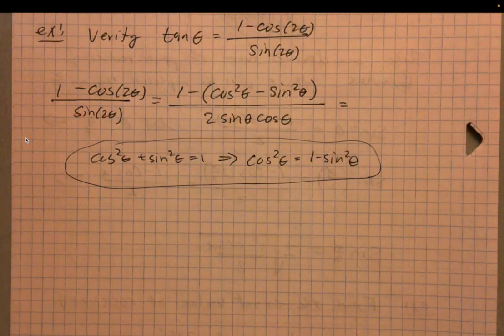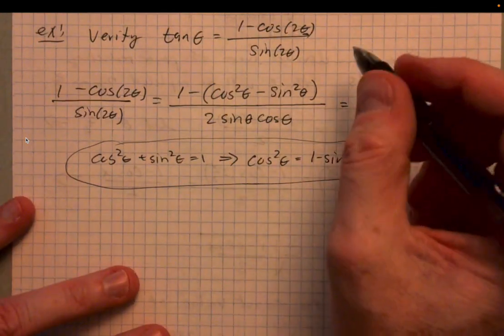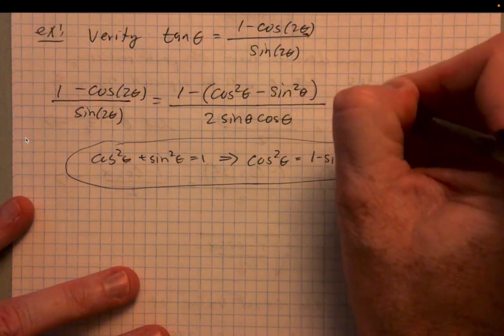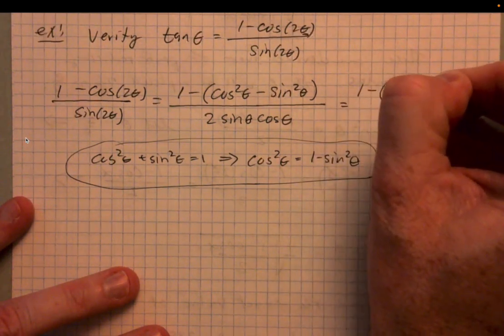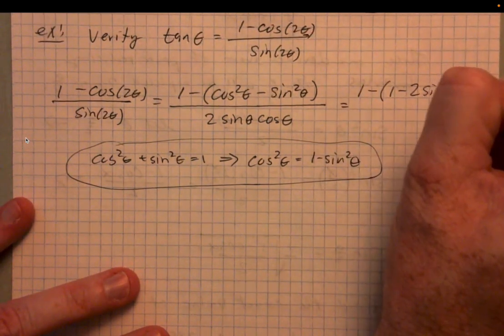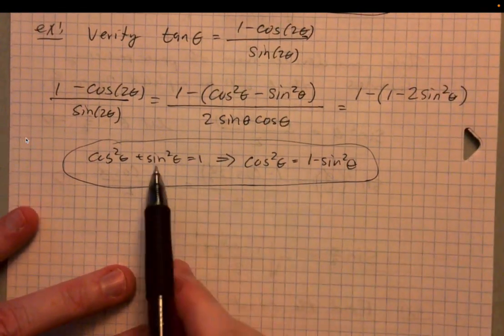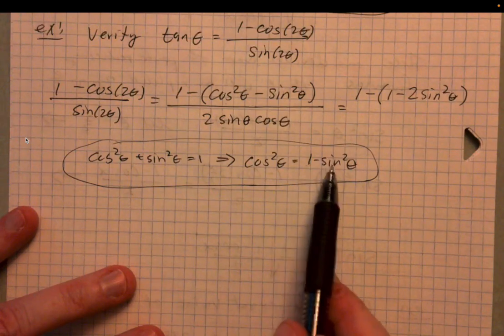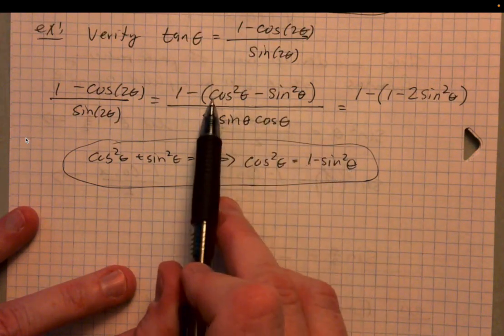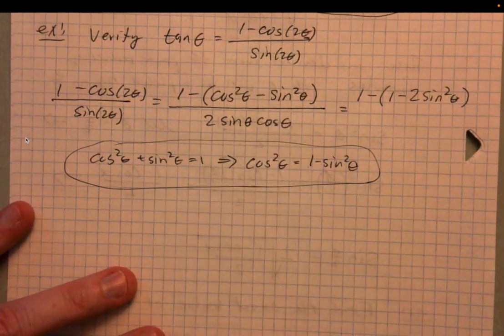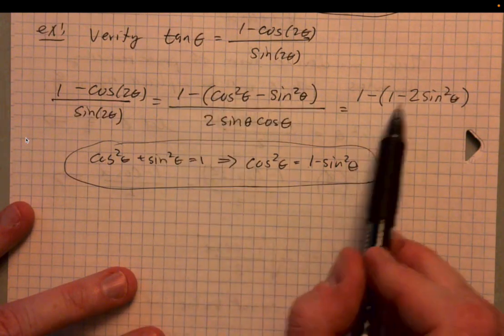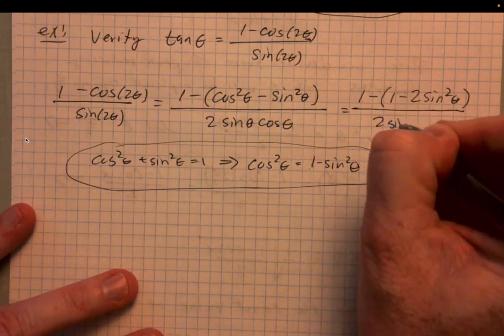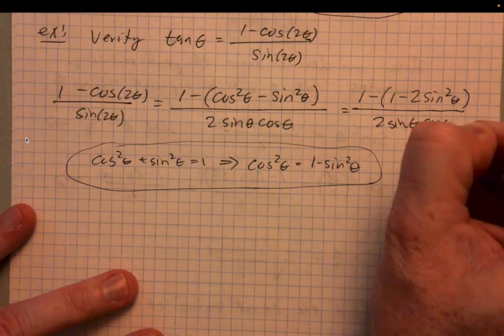And so this guy here is really just equal to 1 minus 2 sine squared theta, isn't it? Because I can take the cosine squared theta and replace it with 1 minus sine squared theta. And so then I've got 1 minus sine squared theta minus sine squared theta, which is 1 minus 2 sine squared theta. And then down here I've got 2 sine theta cos theta.